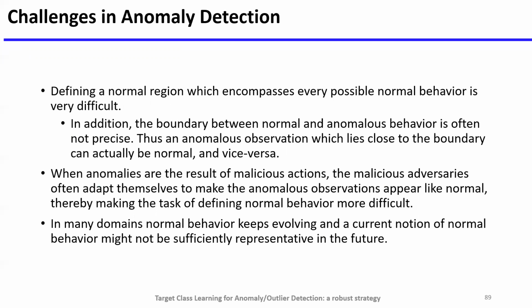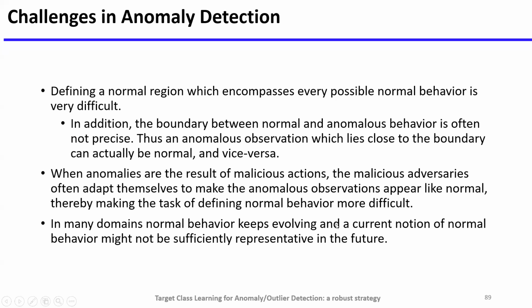Another challenge is that anomalies may be the result of malicious actions. Whenever somebody is deliberately targeting certain malicious actions, it is a strategy that these actions may be planted like a normal activity. So sometimes it will be very difficult to distinguish between the anomaly and the normal activity.